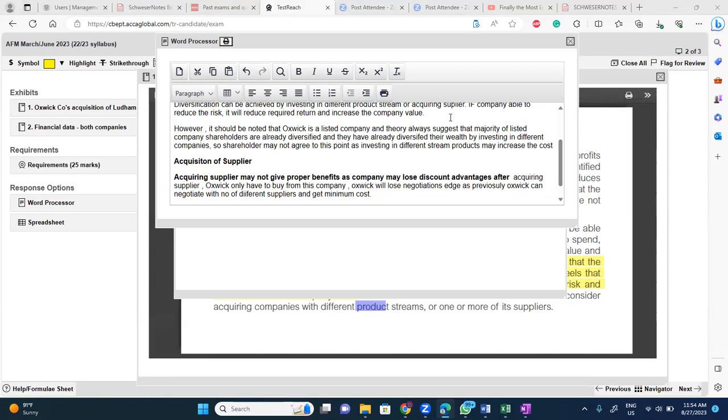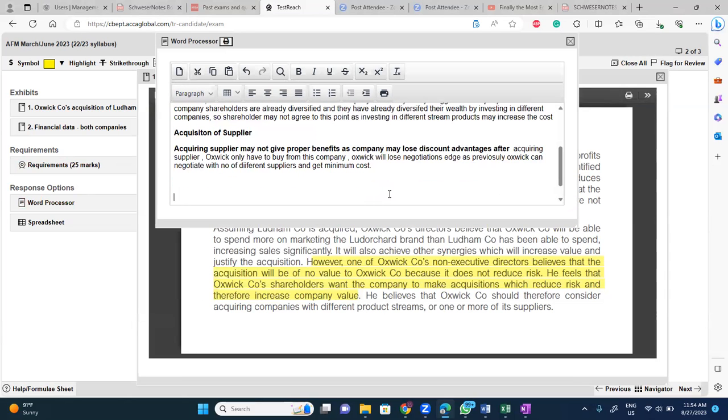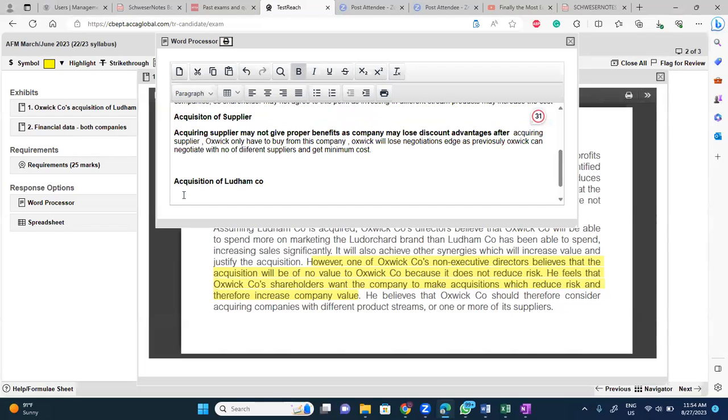Then you can give the heading acquisition of Ludum, because in the requirement you also have to discuss the acquisition of Ludum. The acquisition of Ludum is in the same line of business and offers a premium brand and market.